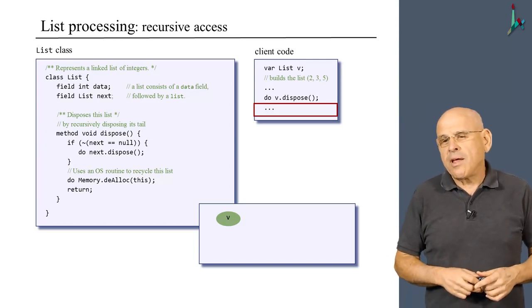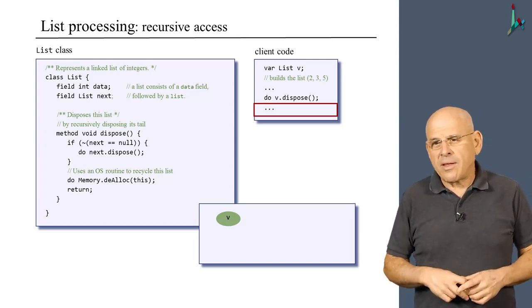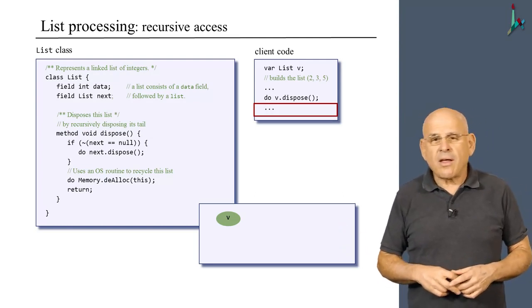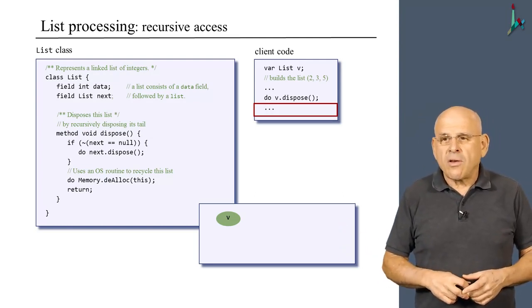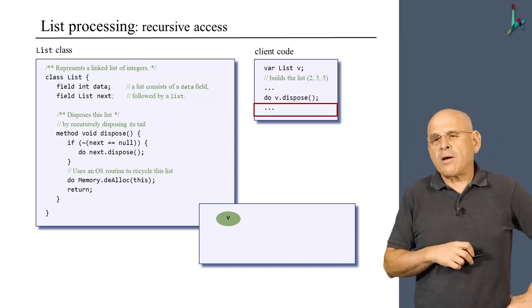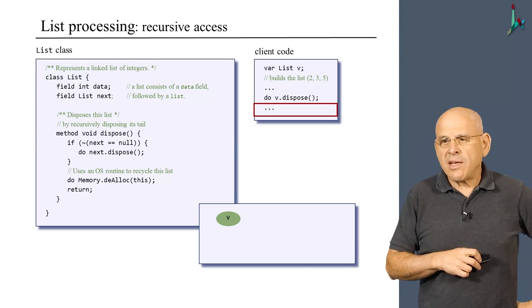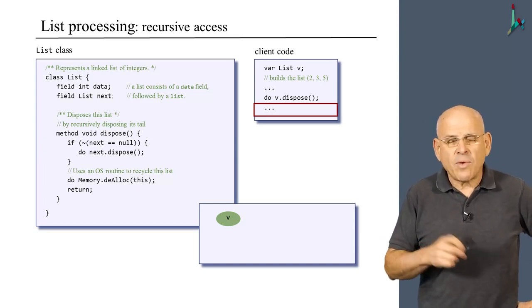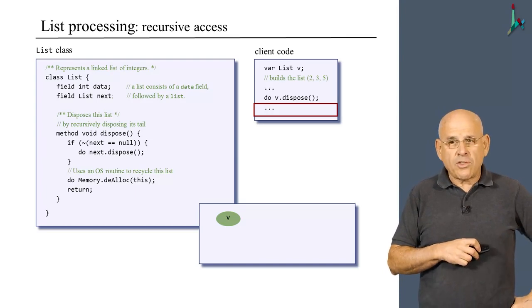And if you had tried to do that with a big list, you may have gotten stack overflow. So there are better ways to dispose, or not better, but more practical ways to dispose a list. But this one, once again, illustrates a nice way to do it using recursion.